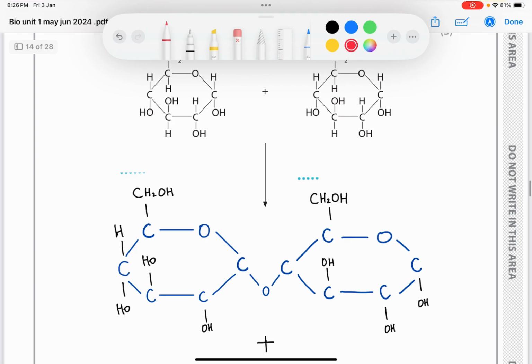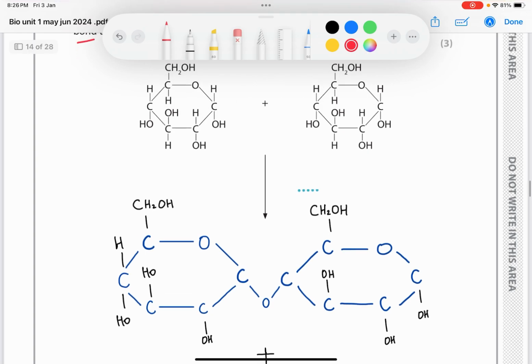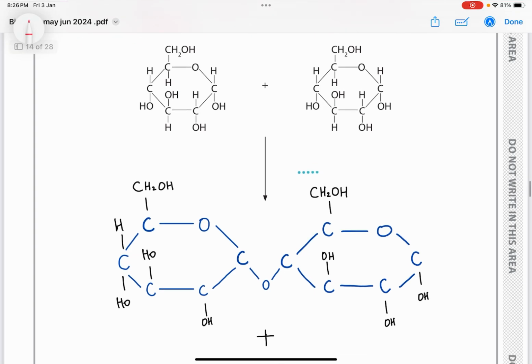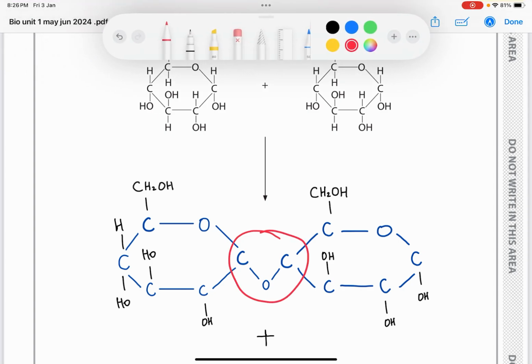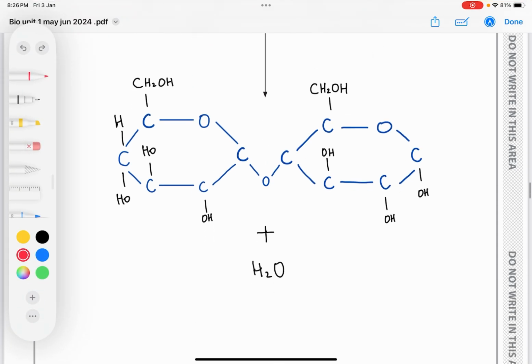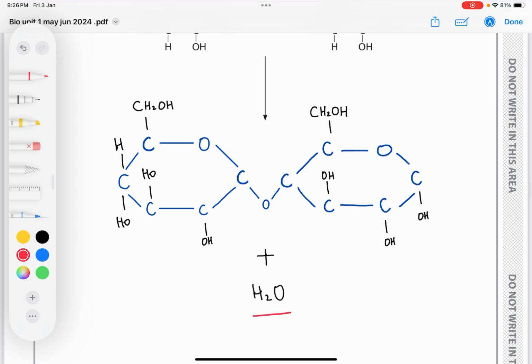What I've done here is I have just copy pasted the drawing, right? And right over here, I have shown the glycosidic bond. And under here, I have also shown one product, which is H2O.